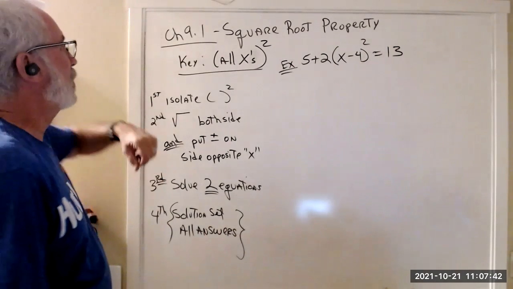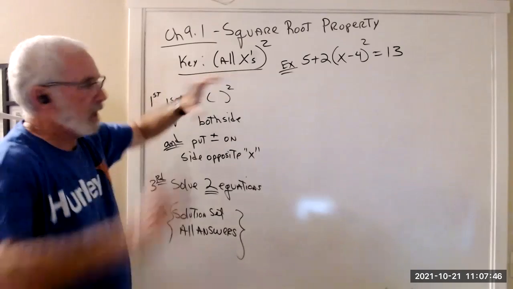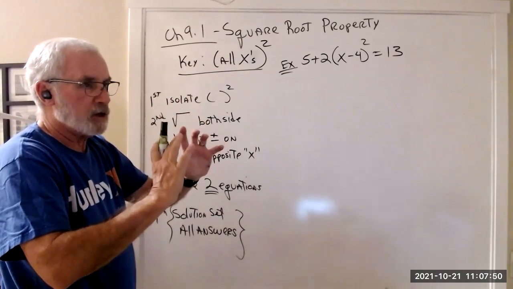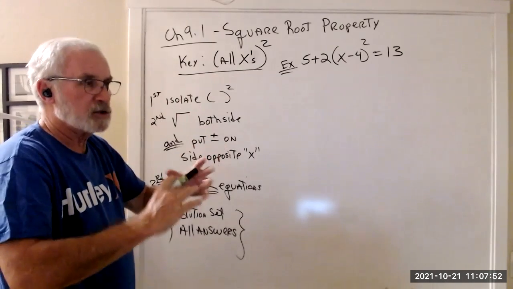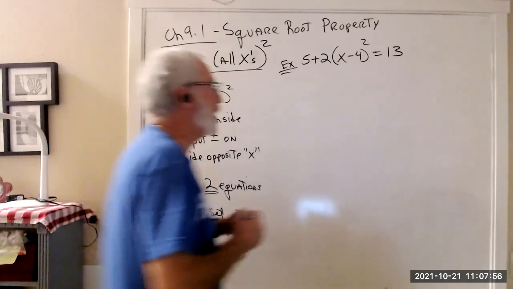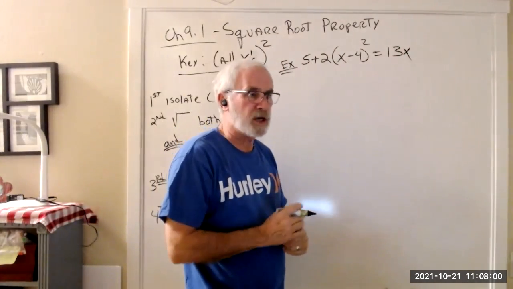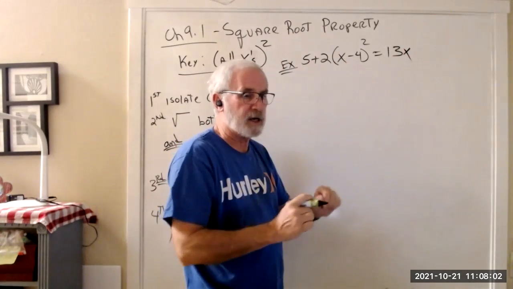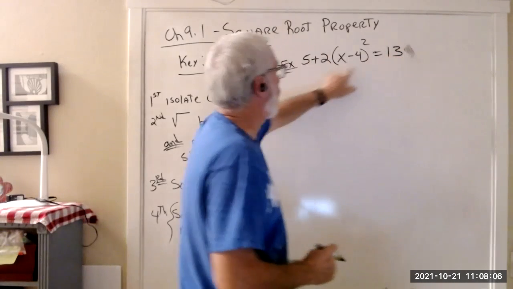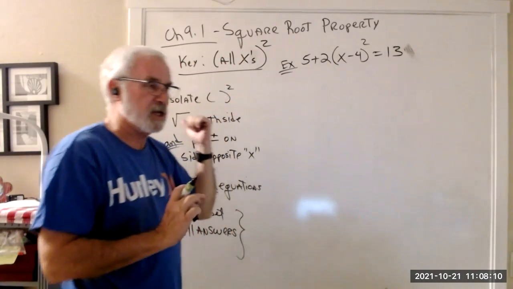First off, are all of my x's in this problem inside the quantity squared? Yes. So I can continue. If they weren't, if there was another x out here or something like that, then we have to do a whole new technique, a whole different technique. But because all of the x's are inside the quantity squared, we can use this technique.